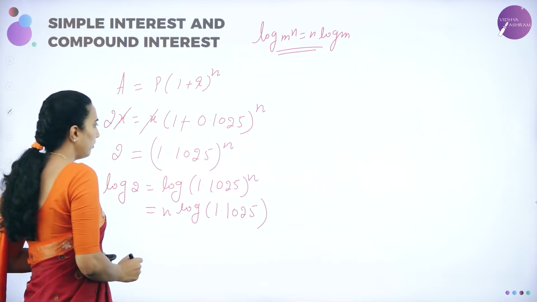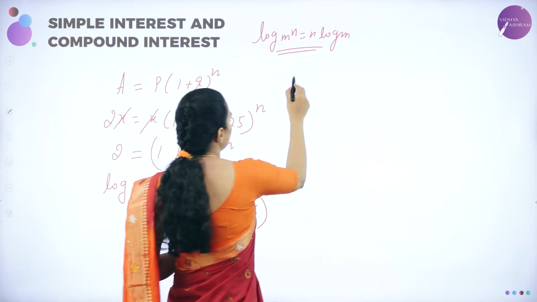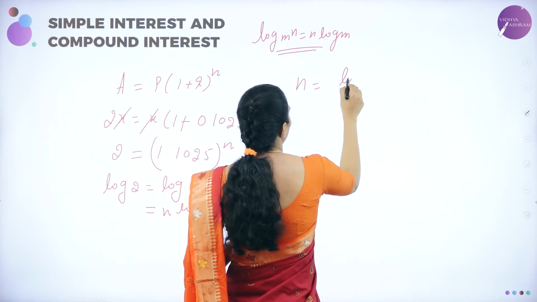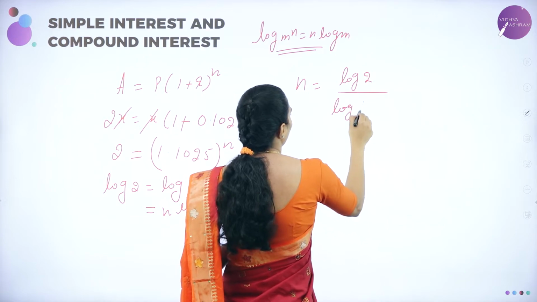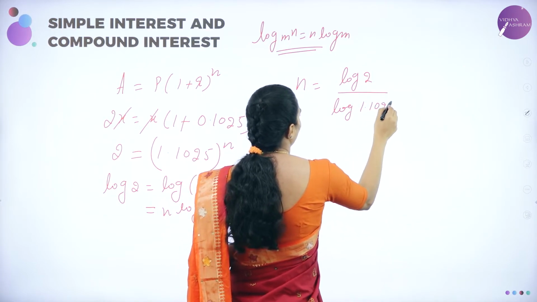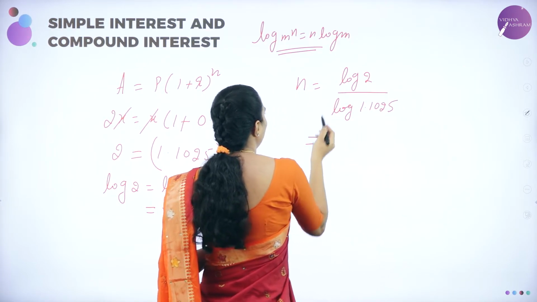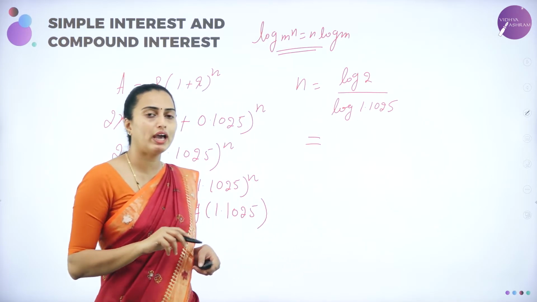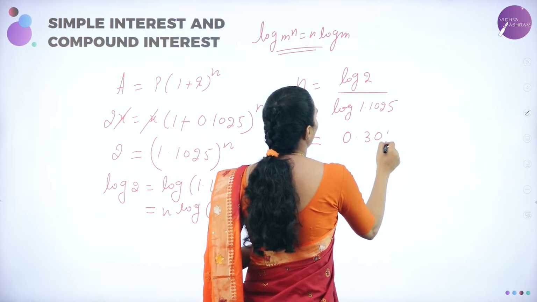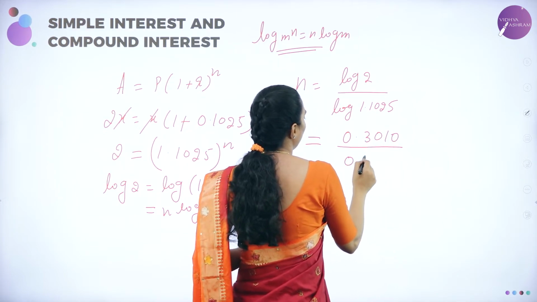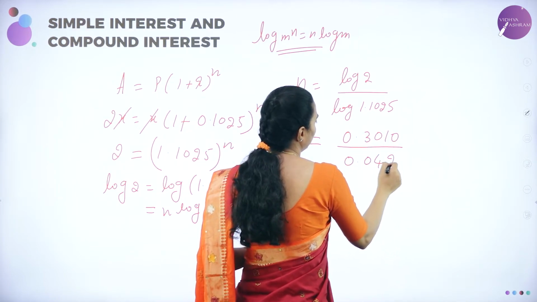Okay. Now I want to find out n, so n will be equal to log 2 divided by log 1.1025. Now by using the log table, I can find the log 2 value as 0.3010, divided by 0.0423.